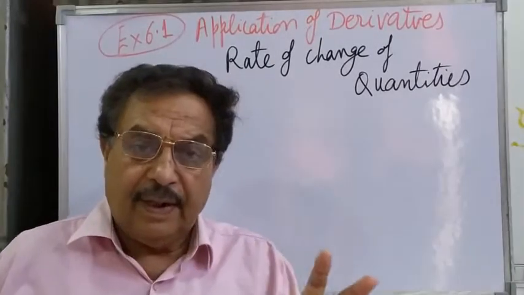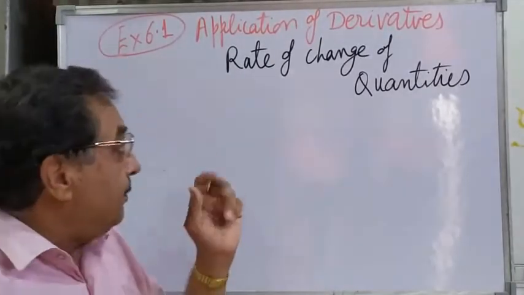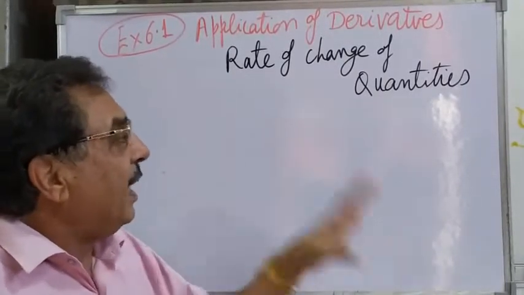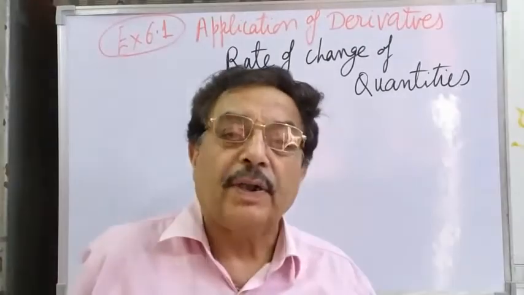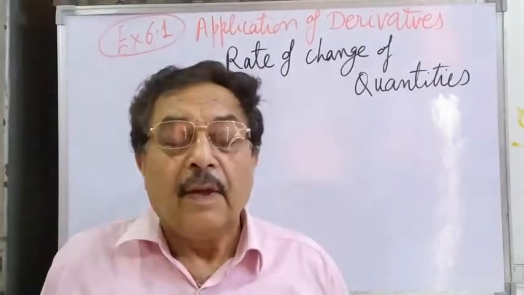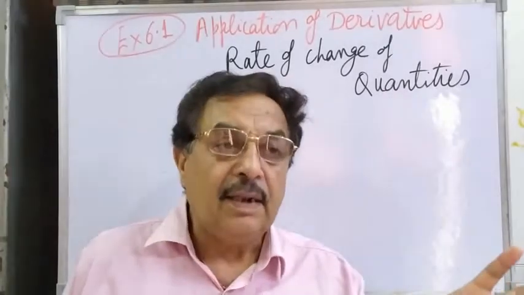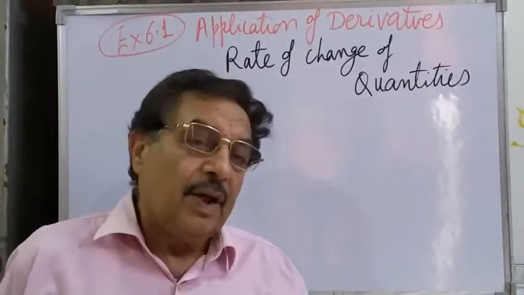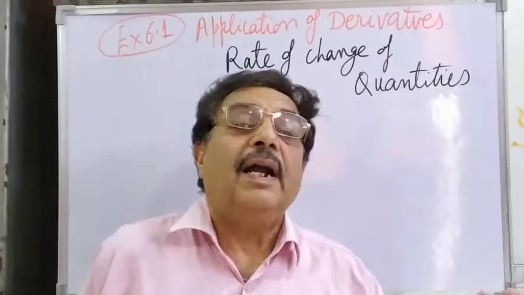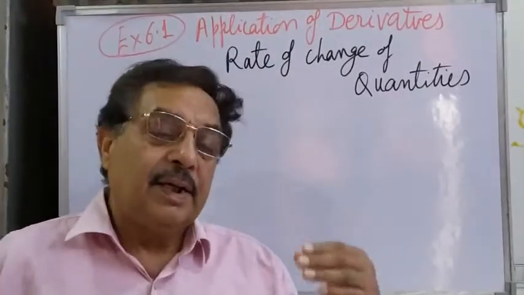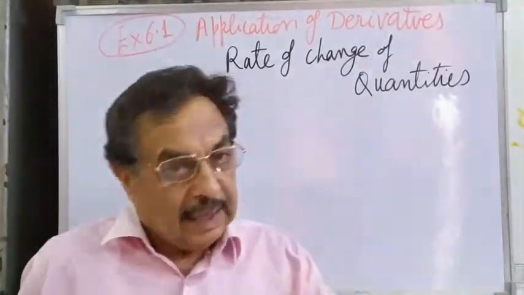When two quantities are related to each other, with the help of derivatives we find out how the first quantity changes with the other. For example, you throw a ball, it covers a certain distance. When the distance changes with respect to time, the ball is thrown, distance is covered by the ball, time would be taken.